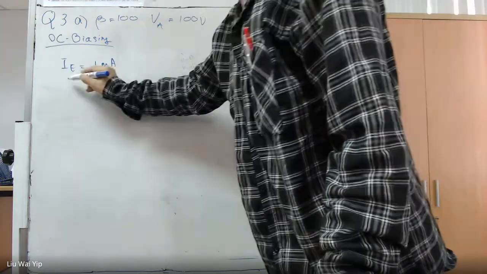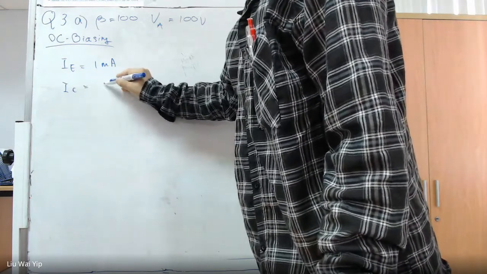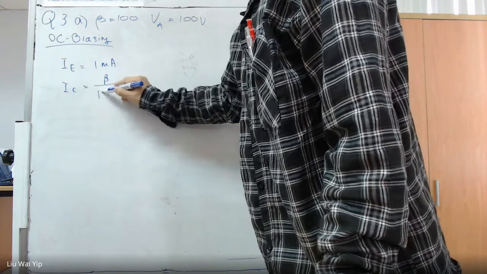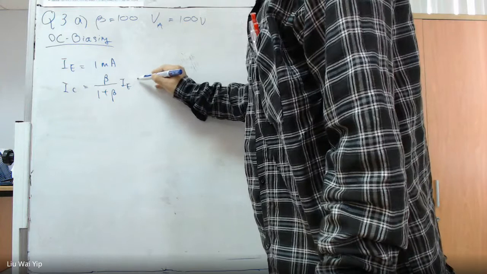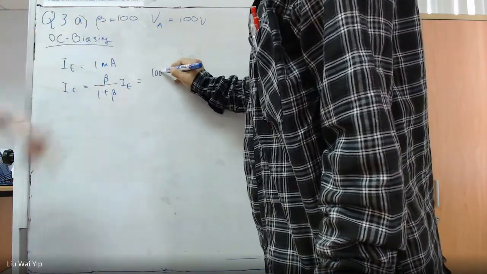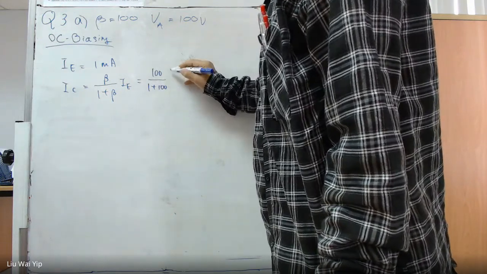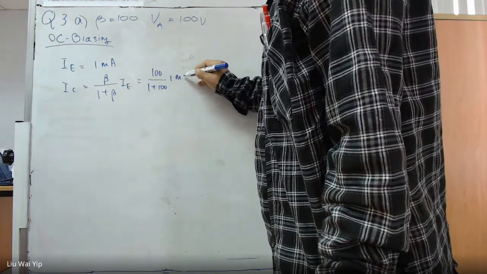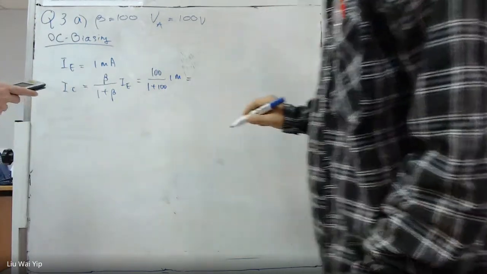And previously, you have already calculated IC is equal to beta over 1 plus beta times IE, with beta 100. So you can calculate the value.